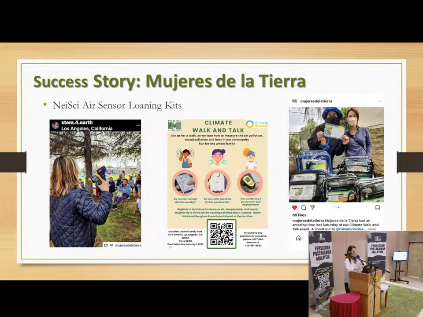And the success story is they did this, and now they're expanding into another community. The success was that they collected enough data, went to present in front of the city council and neighborhood council, and eventually the neighborhood council and city council worked with the city planner to change their development plan.